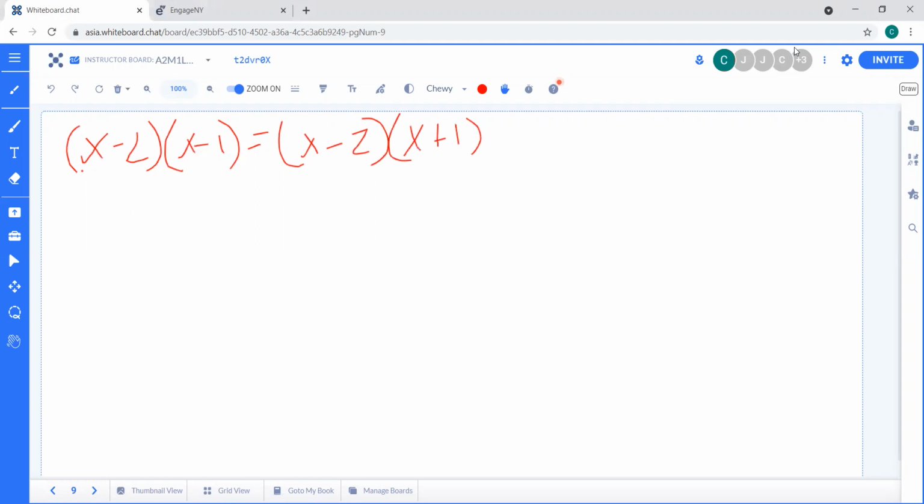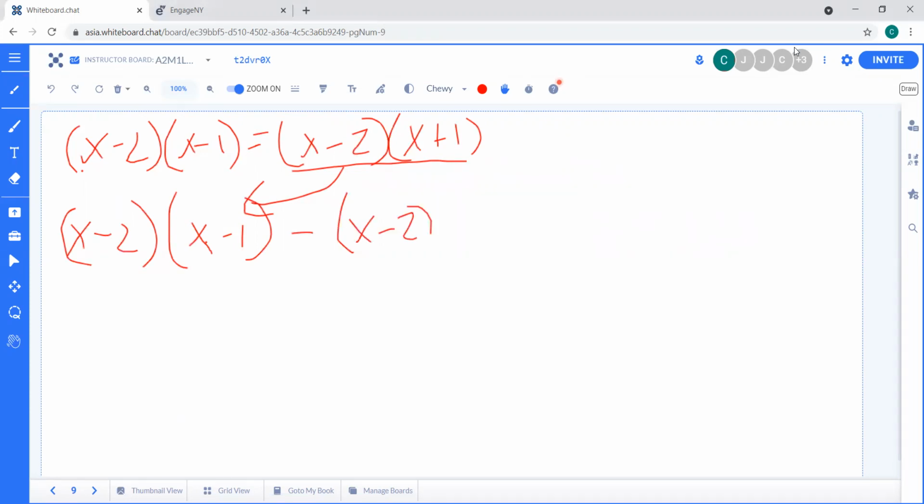Okay, so one thing we need to do is get them all on one side. So let's just move this to this side: x minus 2, x minus 1, minus x minus 2, x plus 1. Yeah, so we move that all to that side.